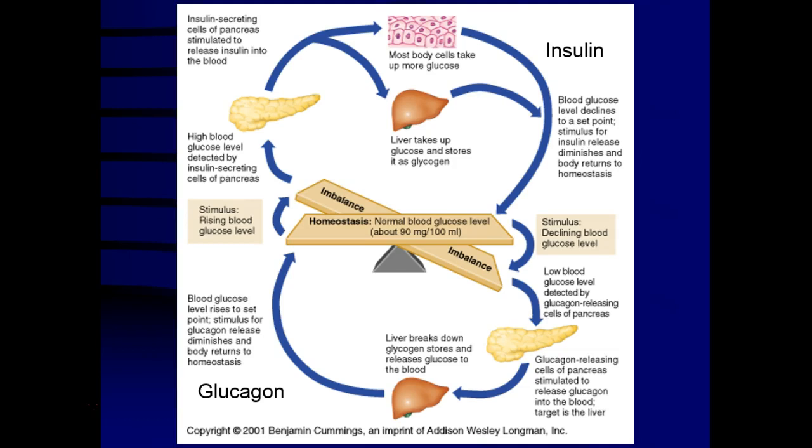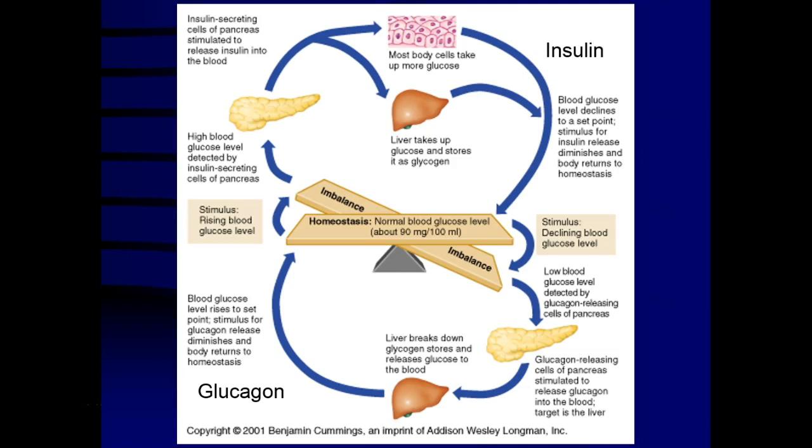So your cells take up the glucose from the blood sugar, but let's say we still have excess blood sugar. That excess blood sugar then gets picked up by the liver and the skeletal muscles and converted into glycogen. So that excess blood sugar after we eat gets stored as glycogen in our liver and our muscles.